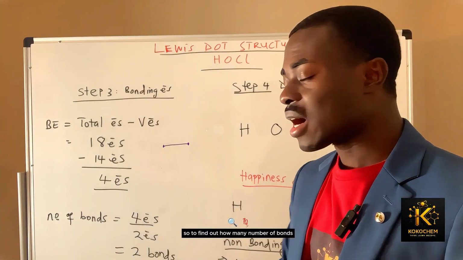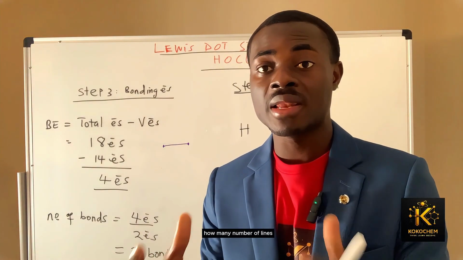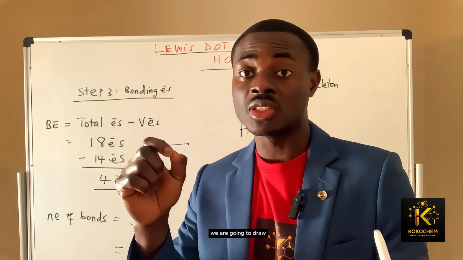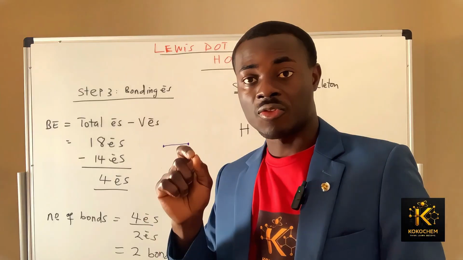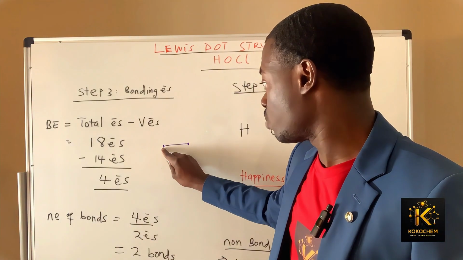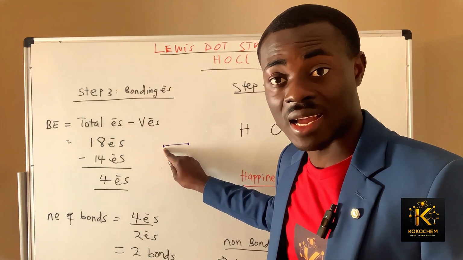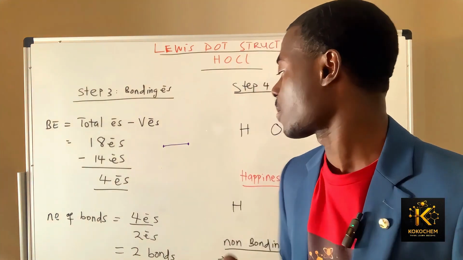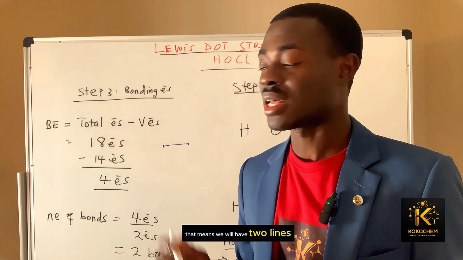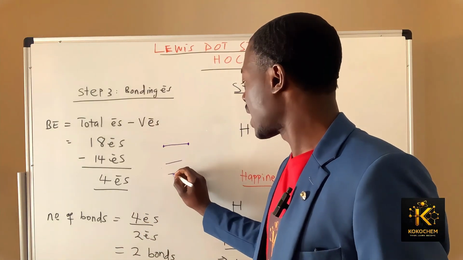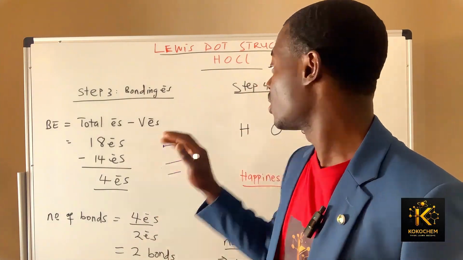So to find out how many lines we are going to draw in our Lewis structure for this compound, we divide 4 by 2, because each line has 2 electrons. So 4 divided by 2 gives us 2 bonds. That means we will have 2 lines in the Lewis structure for this compound.